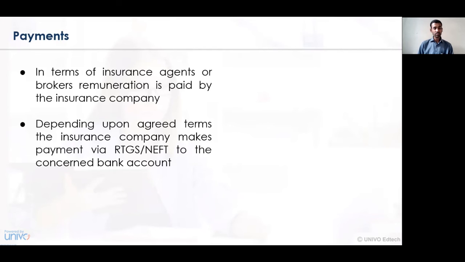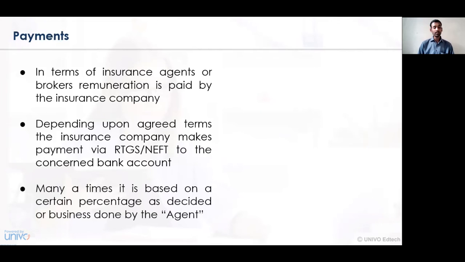As per the terms and conditions, whether at par, premium or discount, depending on the knowledge, skill and ability the individual has applied, the amount of remuneration is set, and the amount so claimed is remitted to the respective bank account, either by RTGS or NEFT, which is a mode of payment through an online mode.